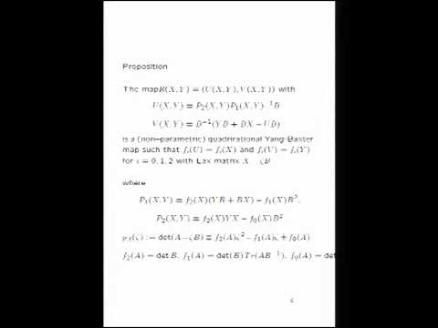Define U and V as functions of X and Y by these two formulas, where P1 and P2 are given by X, Y, B, etc. The matrix is here. And now the coefficients, F1 of X and F2 of X, actually turn out to be the Casimirs.